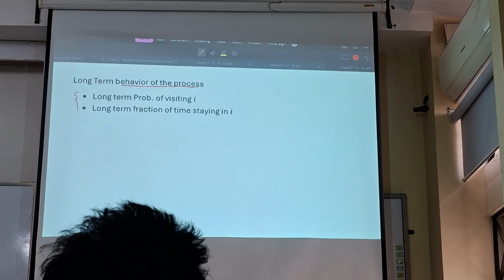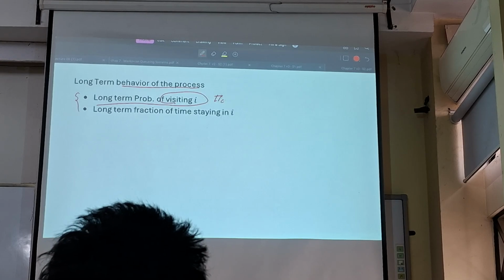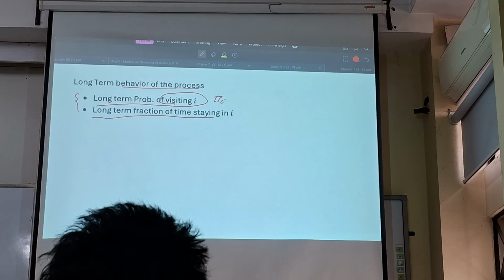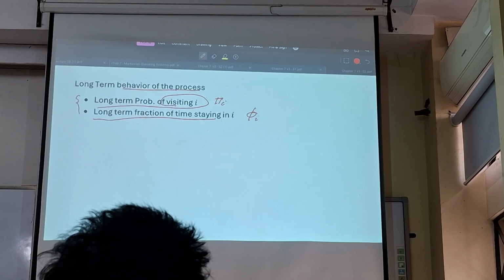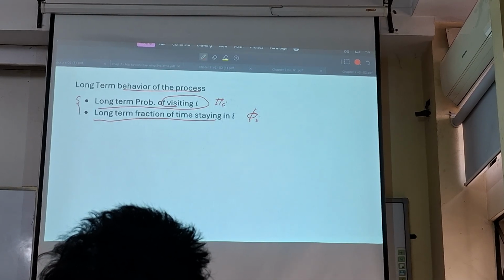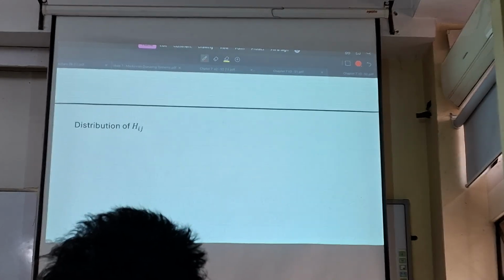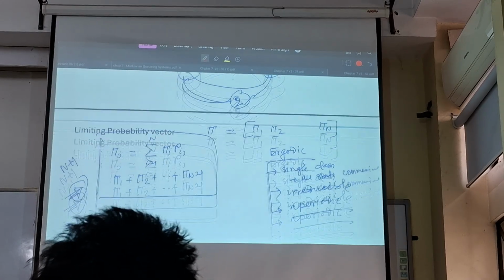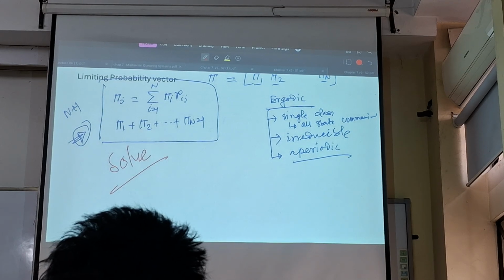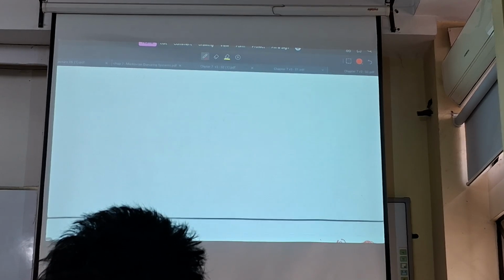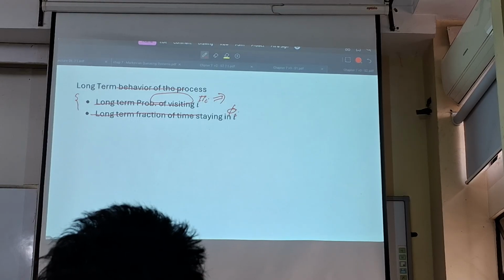One is the long-term probability of visiting state I, that is p I, and the long-term fraction of time staying in state I, which we will denote as pi I. Calculating this one, we have already seen, right? By solving the system of linear equations, you will get pi I.